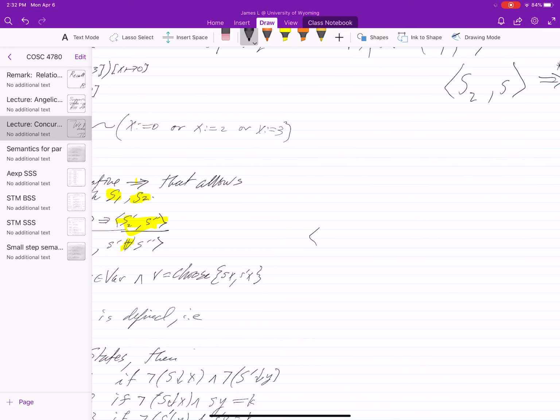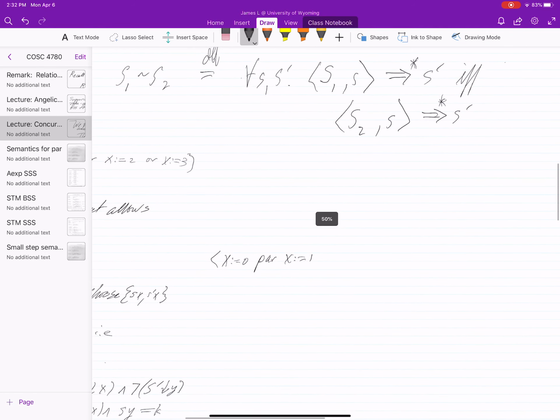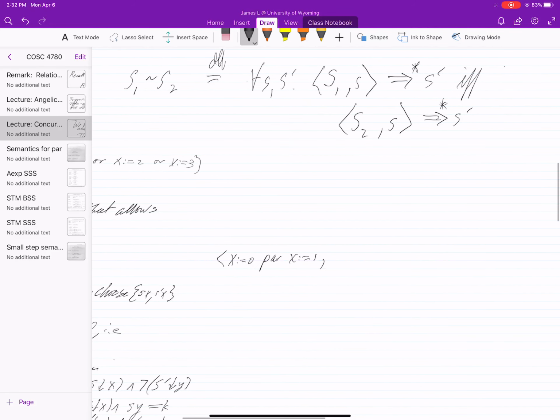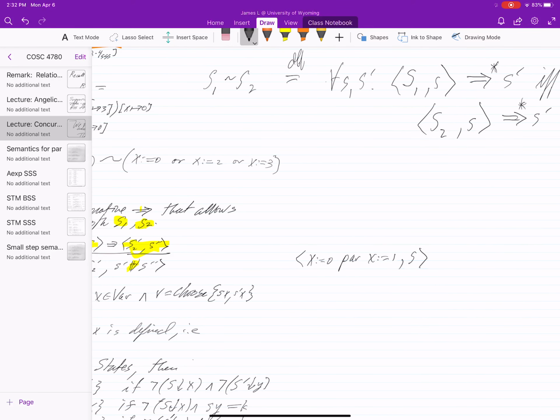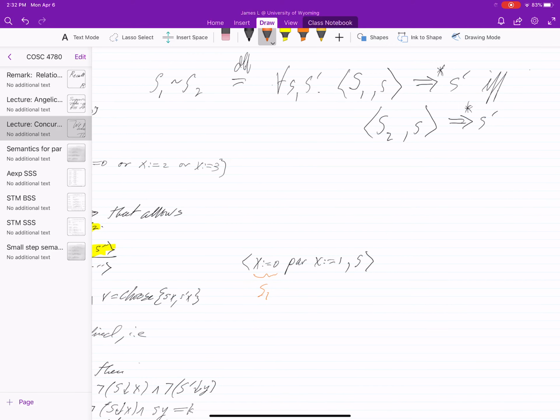Suppose that I want to evaluate X gets the value of 0, par X gets the value of 1, comma S. And so what I'm going to do is, when I evaluate this S1 on the upper branch, I get to a new state that has S where X has the value 0.